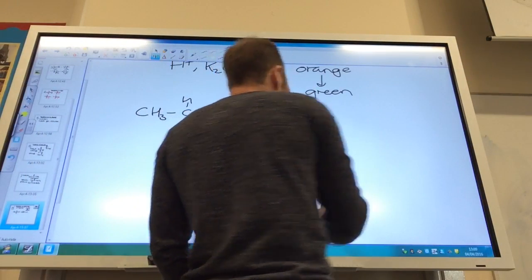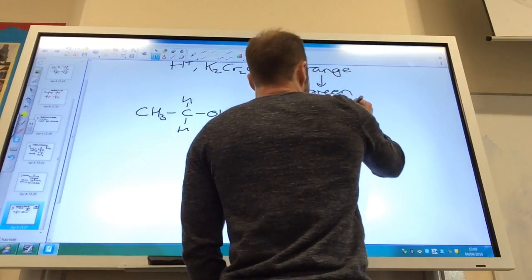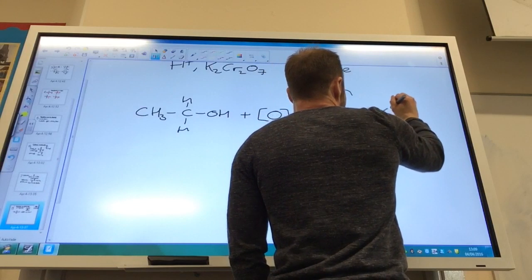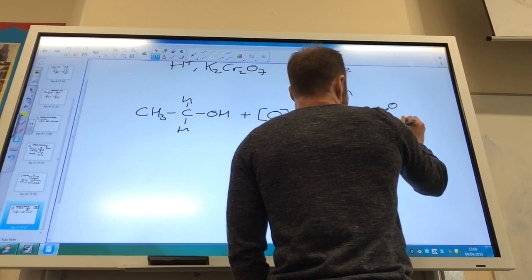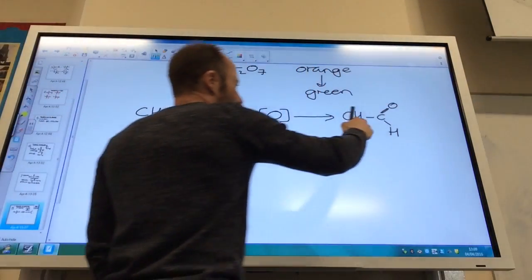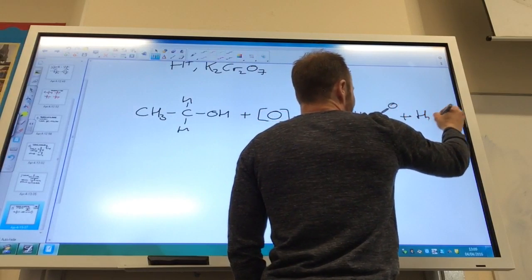Now, if I heat it gently, it will give me this guy. So ethanol will go to ethanal, and it will also produce water.